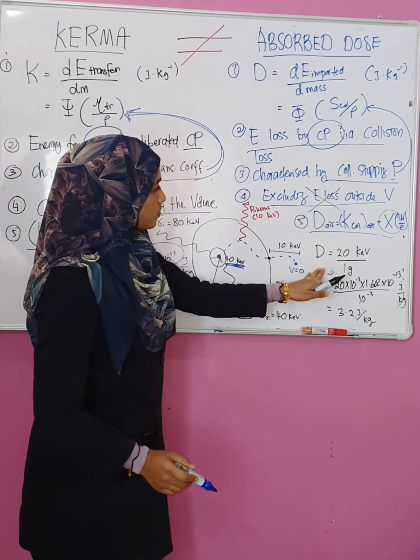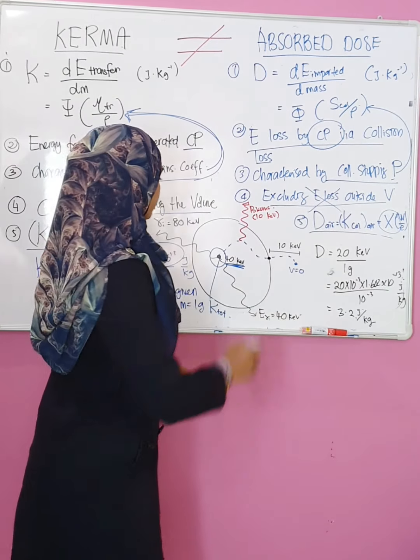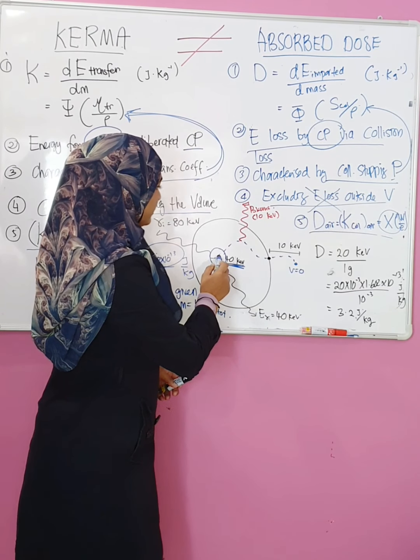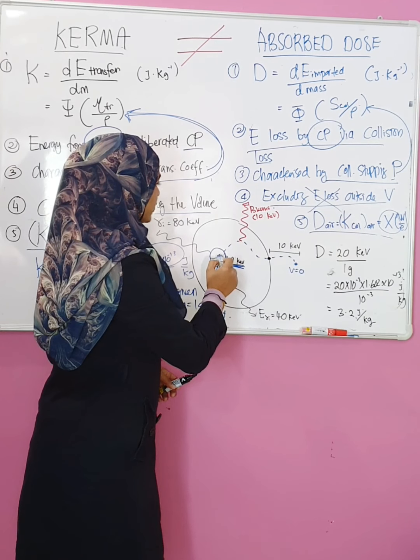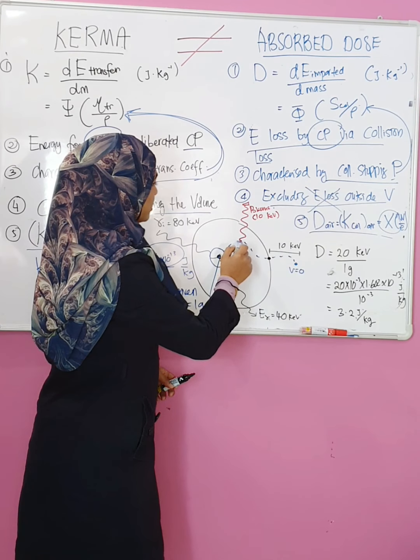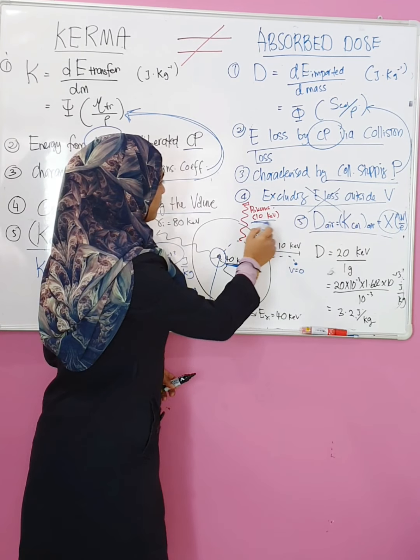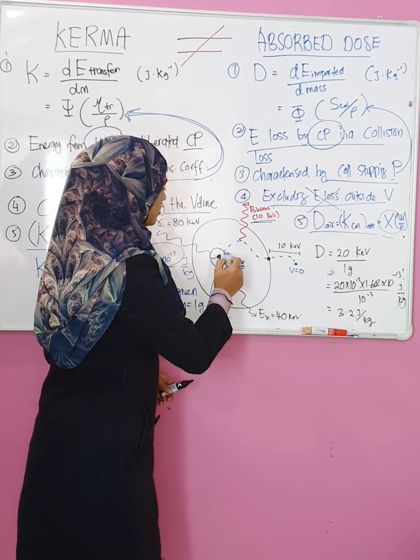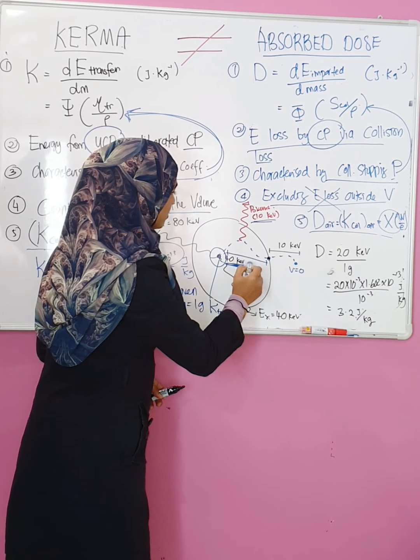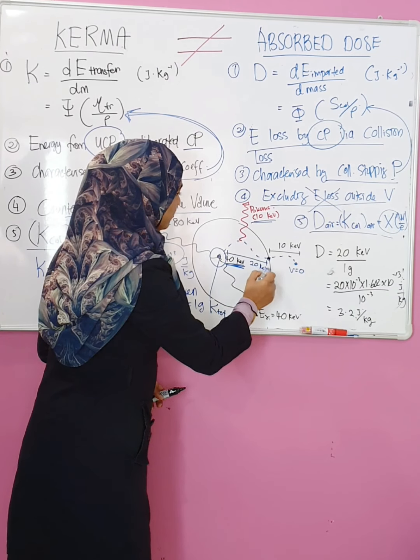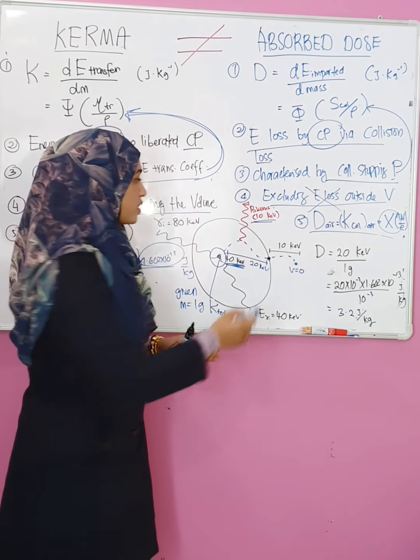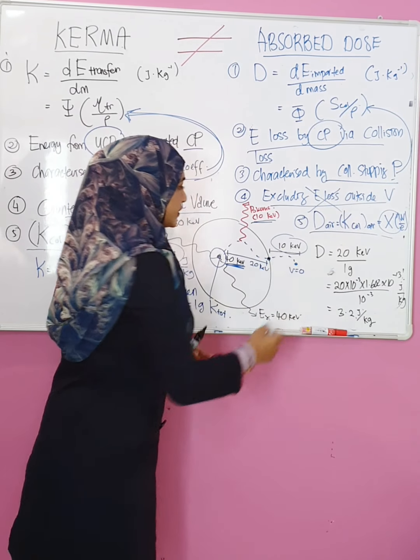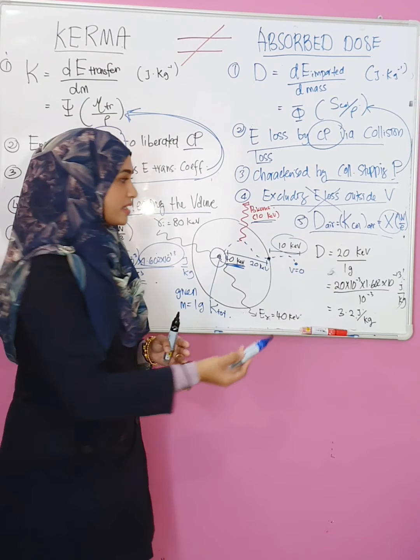And then for absorbed dose, this is the energy transfer for the electron. It loses 10 keV for Bremsstrahlung, and then it takes another 20 keV for excitation and ionization within the volume, and another 10 keV for ionization and excitation outside the volume.